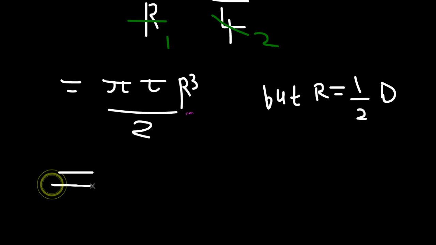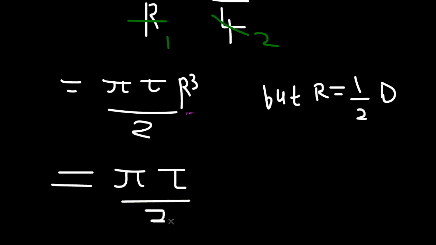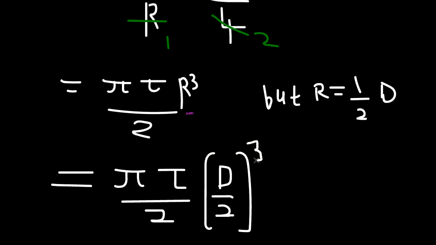Our equation will go as pi tau over 2 times d over 2 cubed.